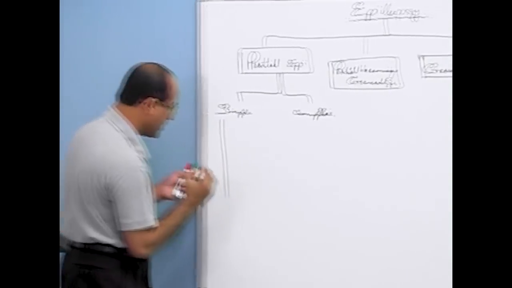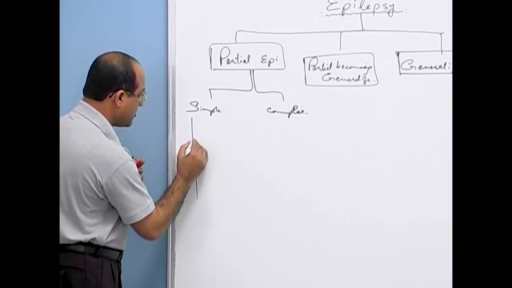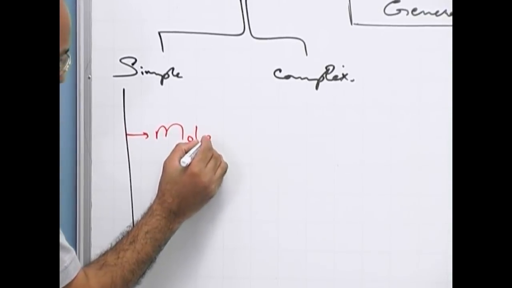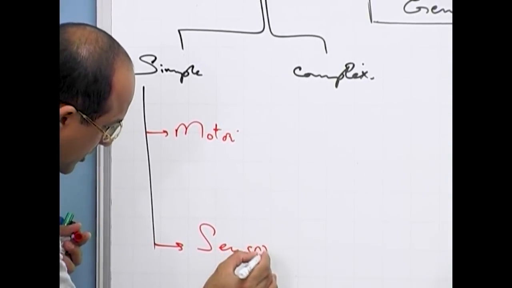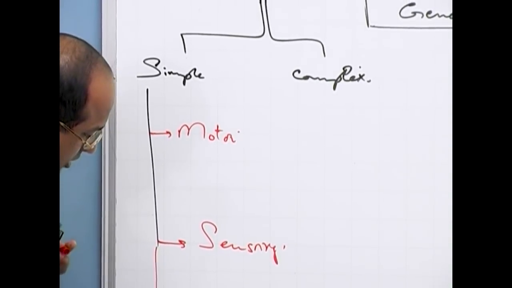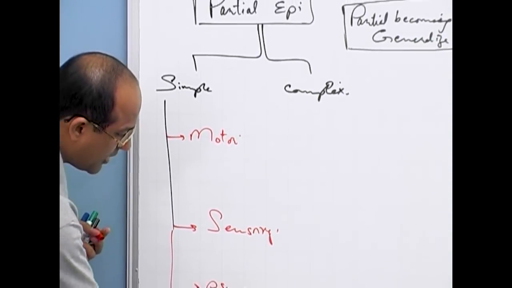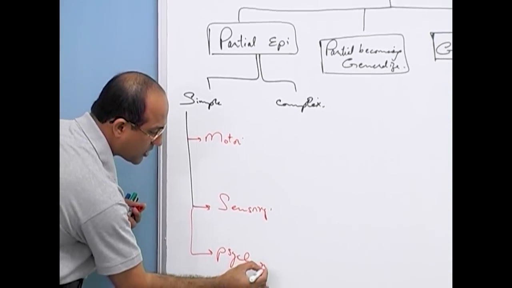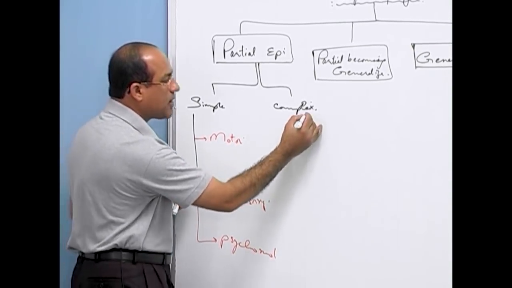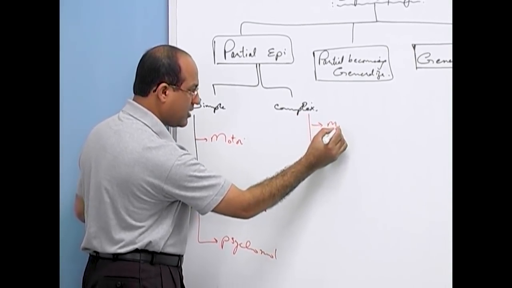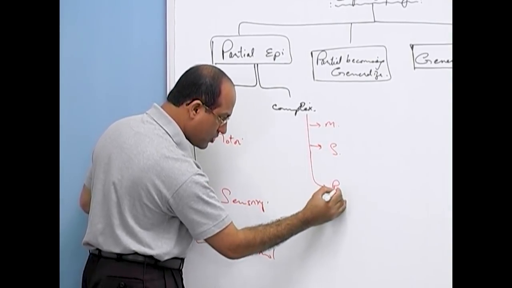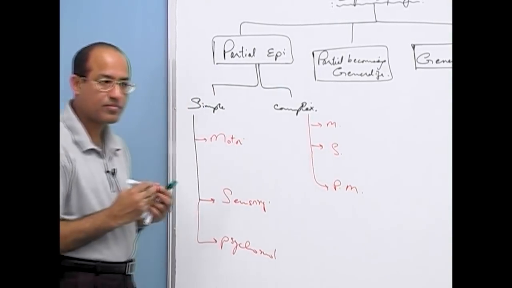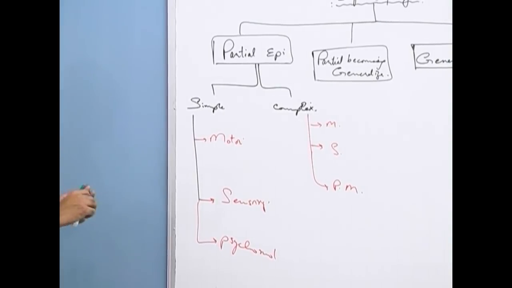Then simple partial may be motor, or it may be sensory, or it may be psychomotor. In the same way, complex may also be motor, or sensory, or psychomotor. Now, again it can be subdivided.